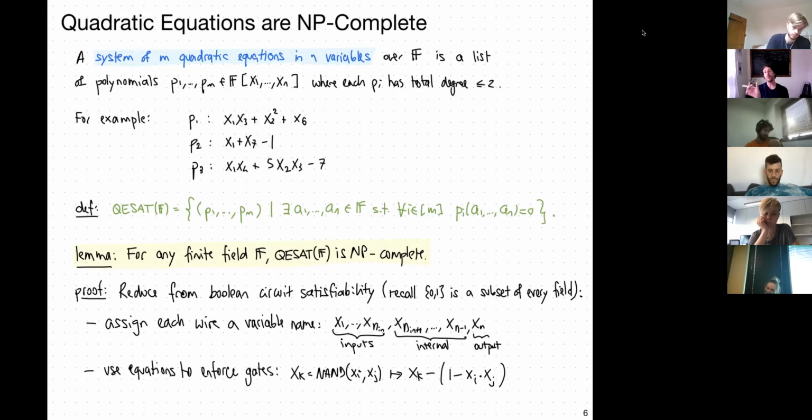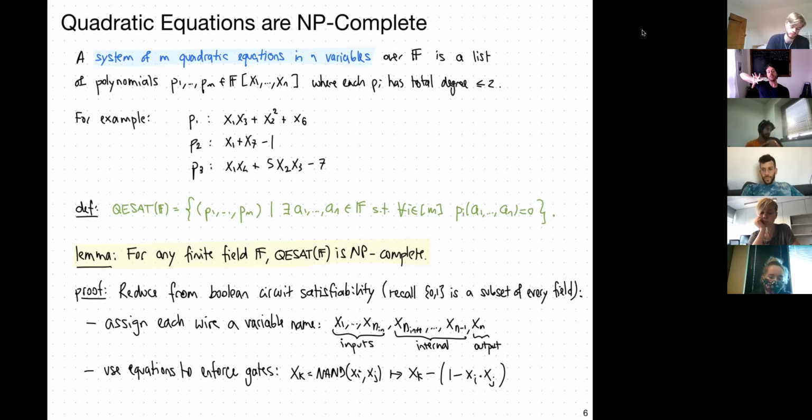For example, we have the NAND gate, which is a universal gate set by itself, and we can write a polynomial for it. That's simply a quadratic equation, not even low degree, just quadratic, which captures the NAND gate. Put another way, take any Boolean circuit, for which it's NP-complete to know whether it's satisfiable or not.